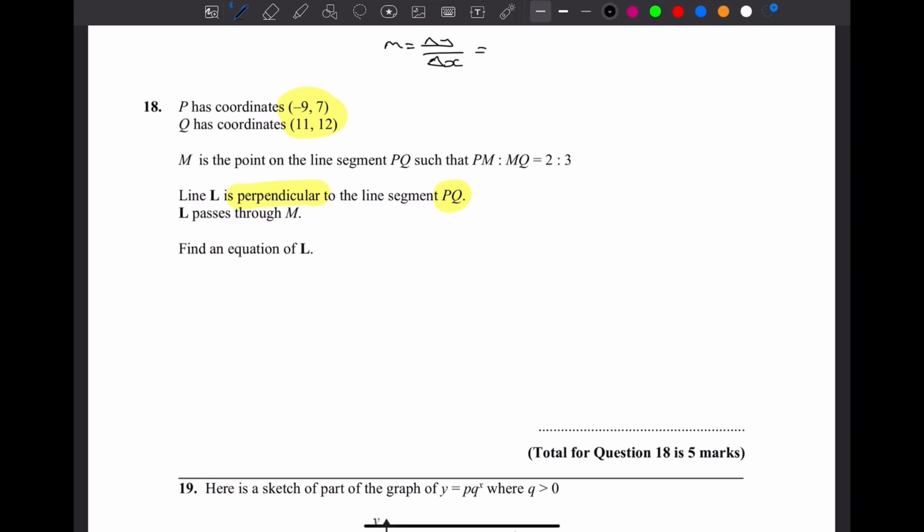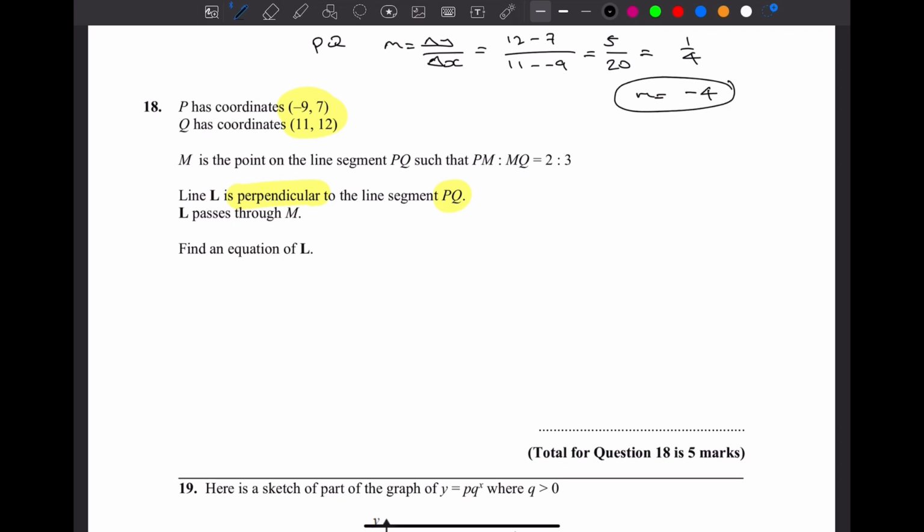Change in y: 12 take away 7, over change in x: 11 take away minus 9. That's a 5 on the top over 20, simplified 1 over 4. But that's the PQ gradient, and you want the perpendicular gradient. So switch it over, 4 over 1, which is 4, and flip the sign, so minus 4.